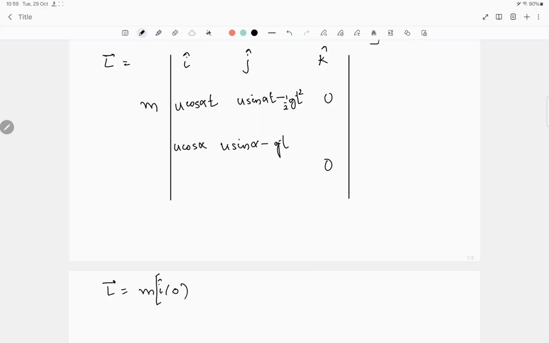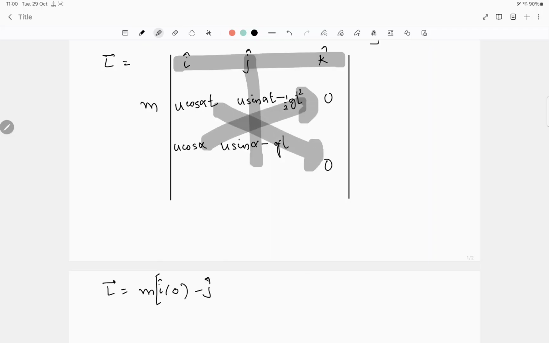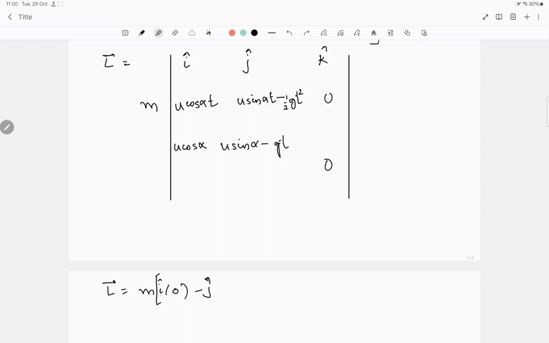Minus j into, by deleting these rows and these columns, we multiply this into this and this into 0, so we end up with 0. So there is no point in writing j cap into 0. Now here comes the final answer, plus k cap into this into this.